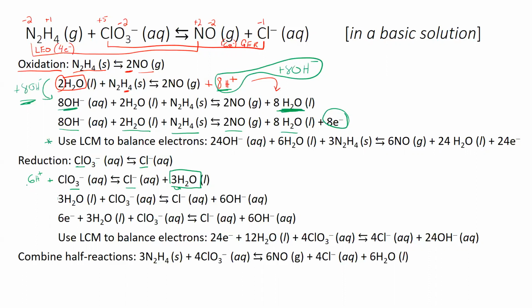Okay, so when we have 6 H plus there, we should be adding 6 hydroxides to each side. Now, one of the things being done here is that 6 hydroxides and 6 H plus will give you 6 waters.